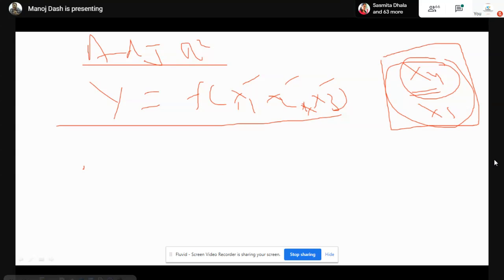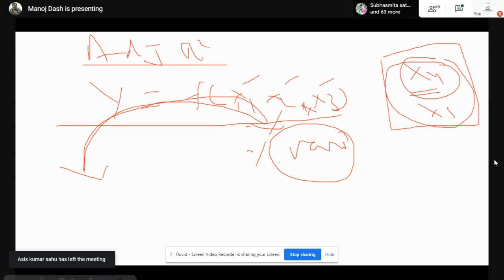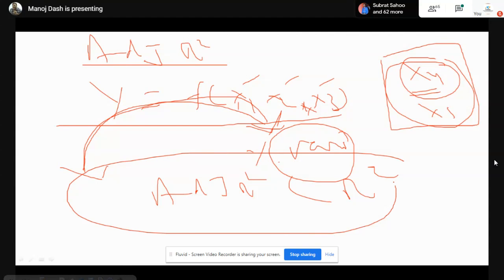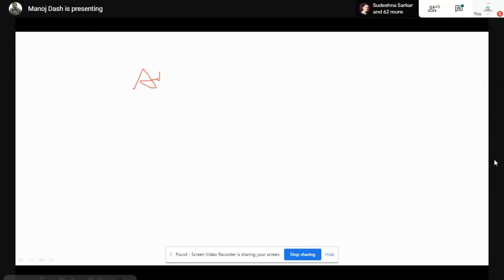Adjusted R square means if you introduce one variable into the model, what is the maximum percentage of variation that can be explained by your model? Clear? Please remember, adjusted R square will always be less than R square.